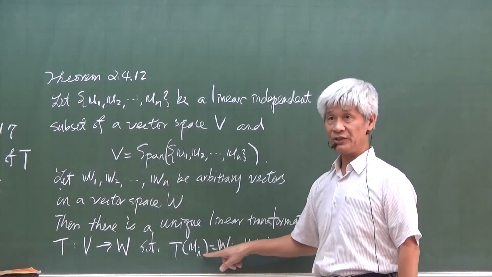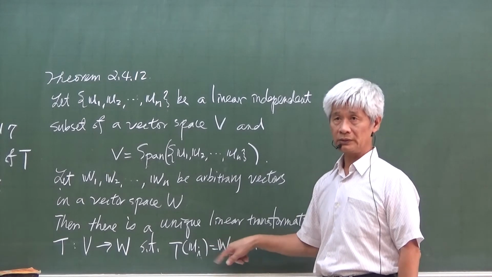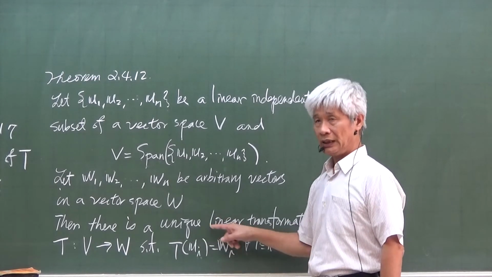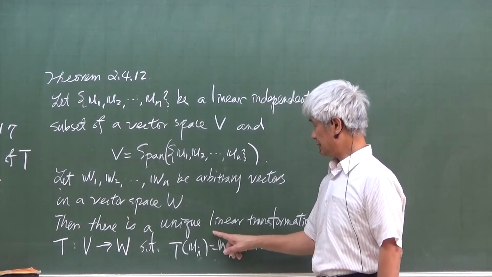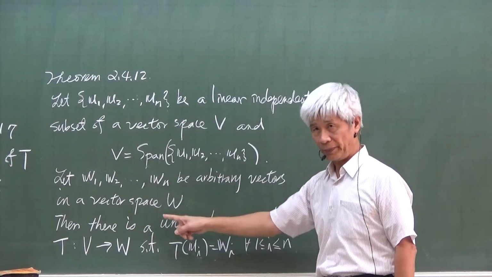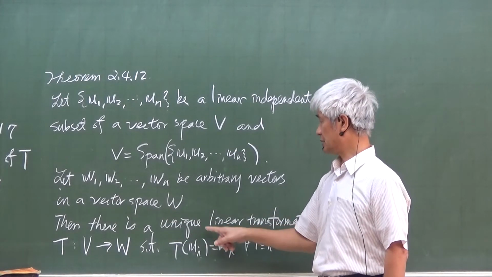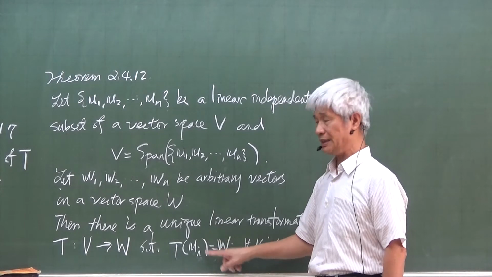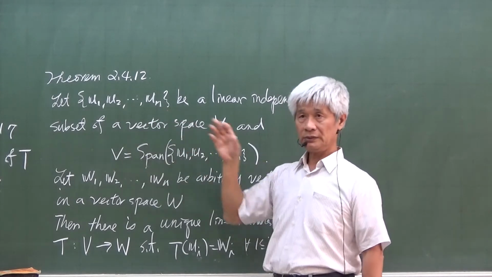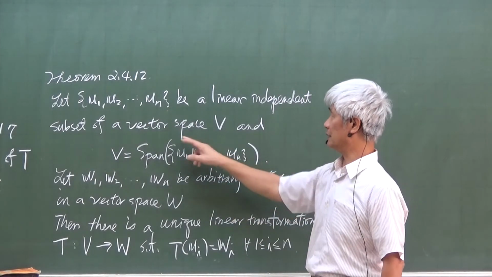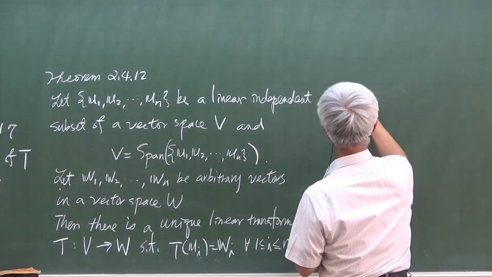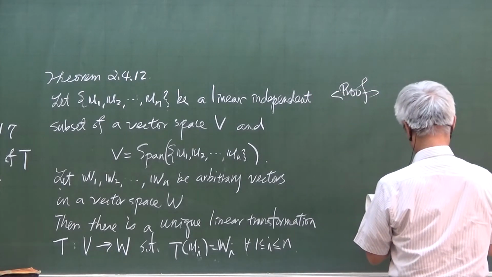So this is the specification we want. So usually we are interested in such an assignment, just assign images for a certain number of vectors in the domain. But for such a linear transformation to exist and be unique, we have to know that U1 up to Un is a linearly independent set and also spans the vector space V. Okay, so let me give you a proof.